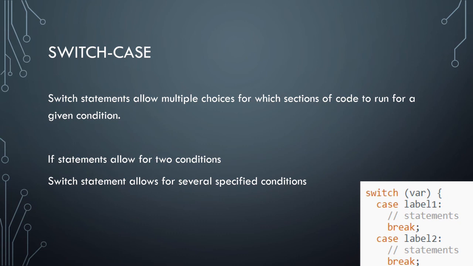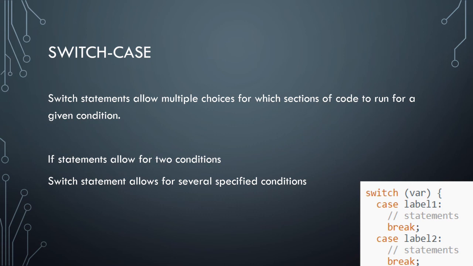Now that we've talked about arrays, we're going to move on to looking at the switch case statements and commands. So switch case allows for multiple choices within a section of code. So if you'll remember, if statements can allow for essentially two conditions, right? An if-else statement. If this is happening, then do this, or else do this, right?